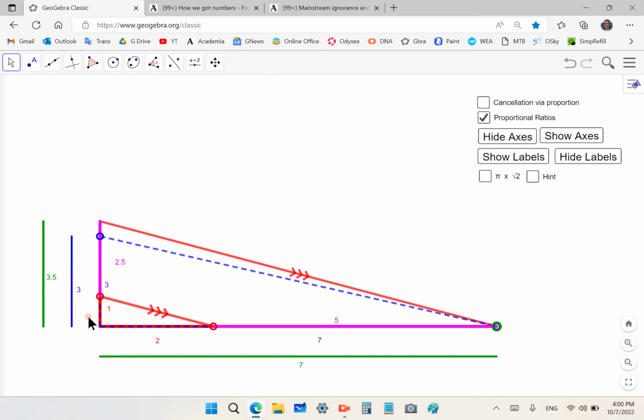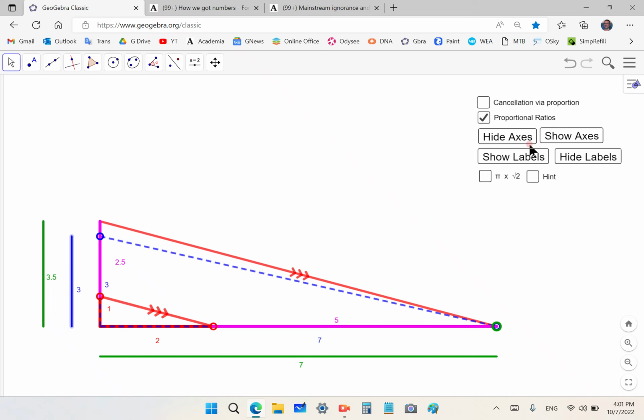And of course, if you put in labels, you'll see that all of this makes sense, because this ratio here is 1/2, and the blue ratio is 3.5 to 7. I did it the other way around; I should have made this one blue and that one green.